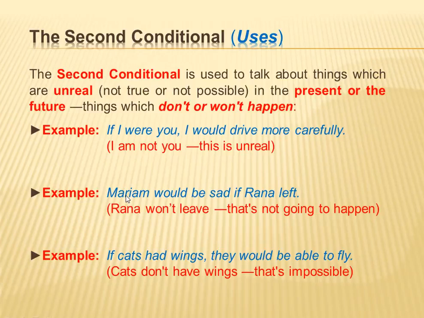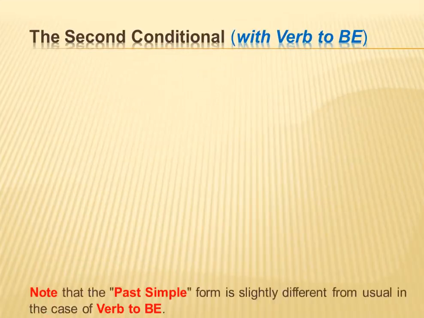They have only one tail and 4 legs, and this is the real thing. And if we talk about this one, we say it like that: if the cat had wings, and actually the cat has no wings, it is unreal. It is impossible, and it will not happen in the future.